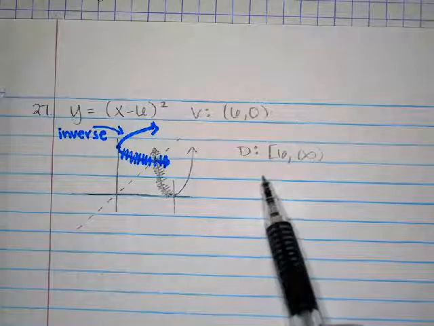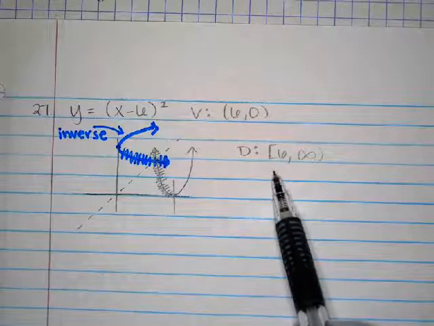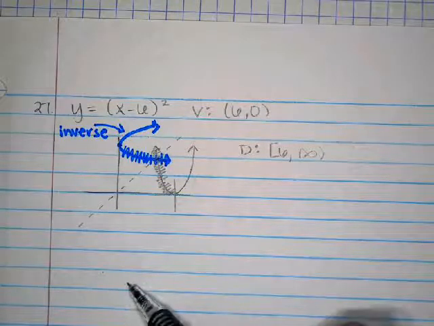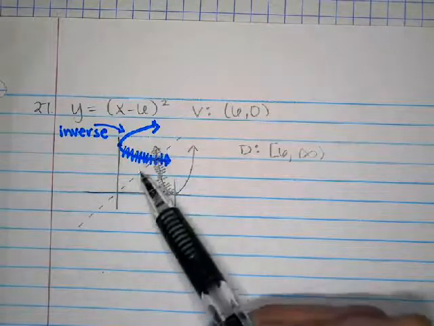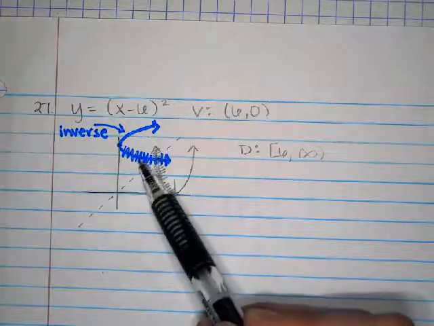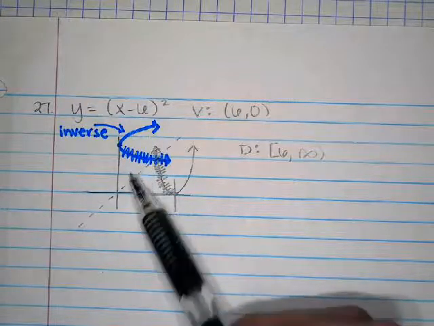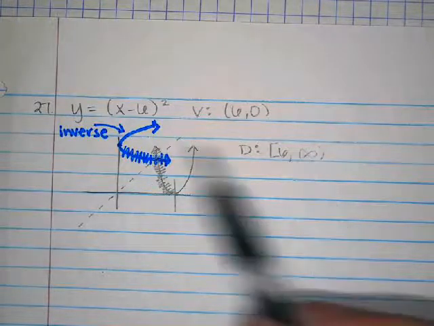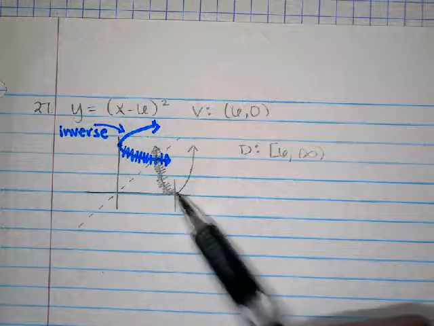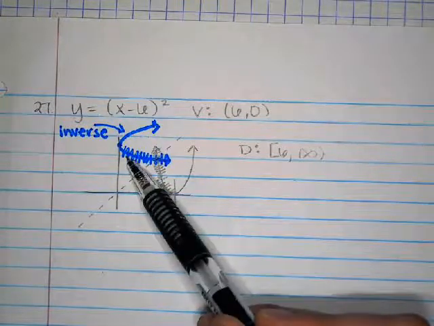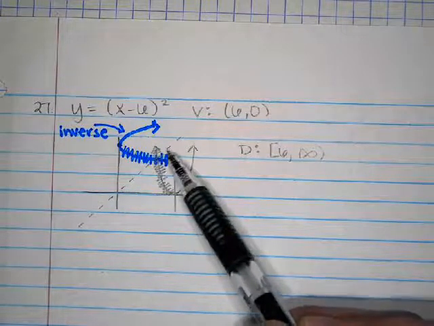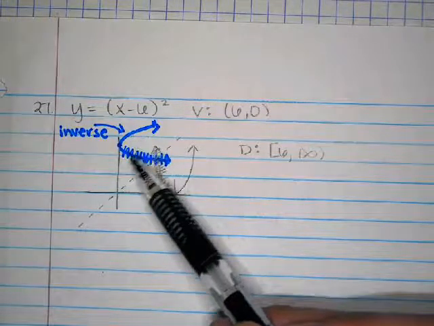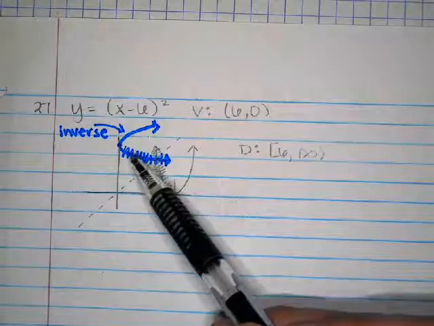And the inverse of the right half only would be the positive version of the square root. If they said the inverse of the left half only, then it would be the bottom of the square root. So depending on who did the problem, you could have two sets of answers that are equally correct. Somebody could do the right half and get the top part of the square root. Somebody could do the left half and get the bottom part. Most people would do the right half and the top because most of us default to positive answers. Most of us prefer positive answers.